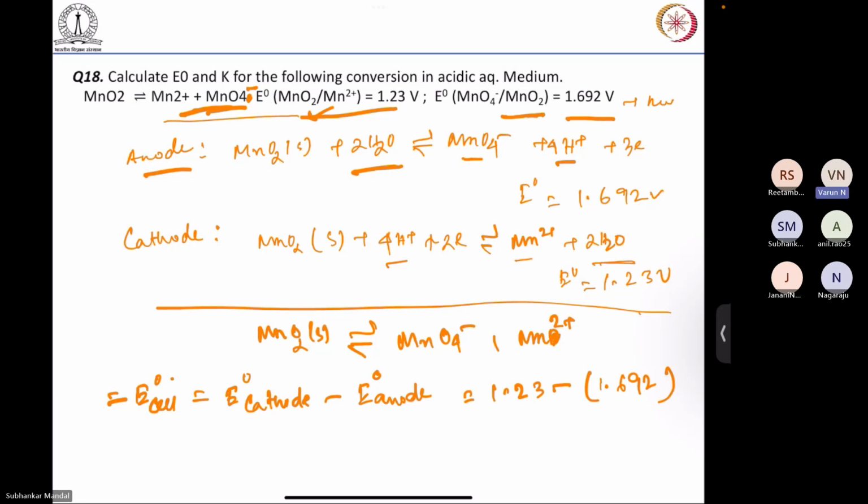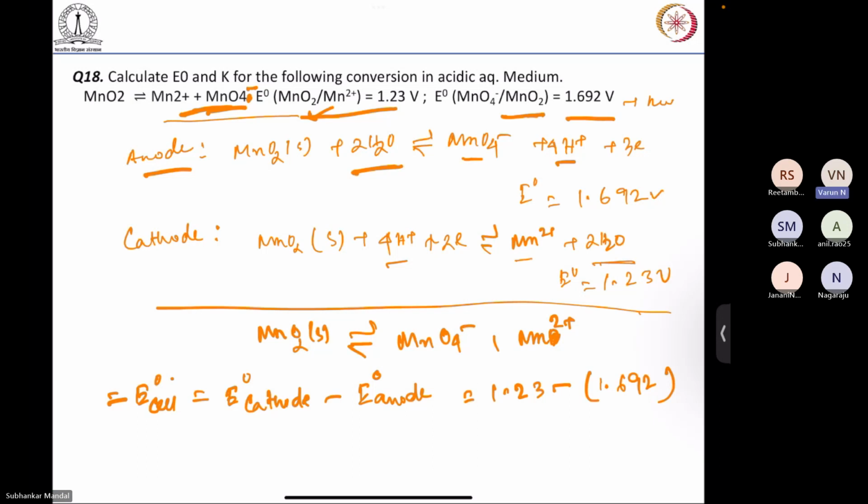The first combination is the anode and the second combination is the cathode. But here 1.23 is the least value compared to 1.692, so the combination having 1.23 is the anode and 1.692 is the cathode.